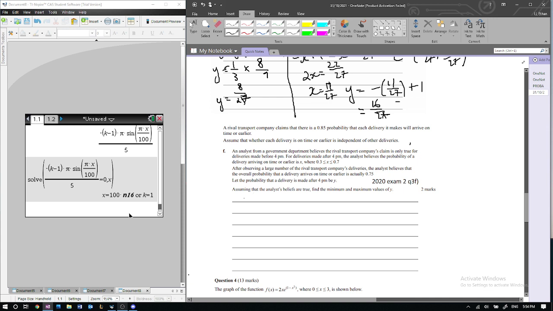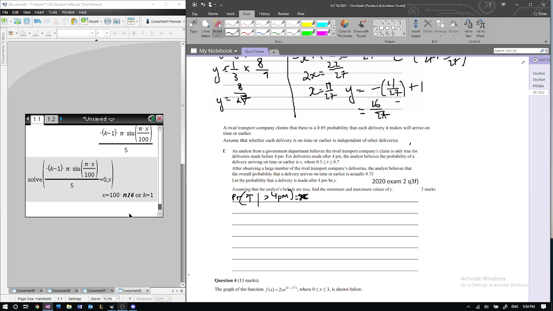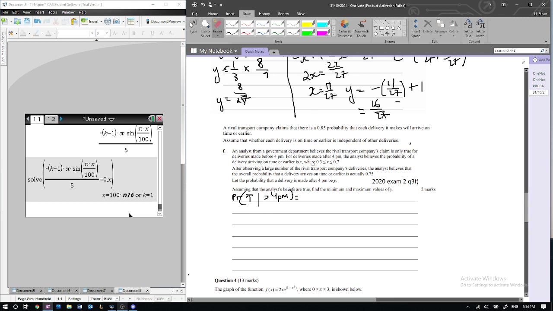It's asking for a given probability. We'll call something that's on time T. The probability of T, given that it's after 4 p.m., is equal to x. So there's statement 1.